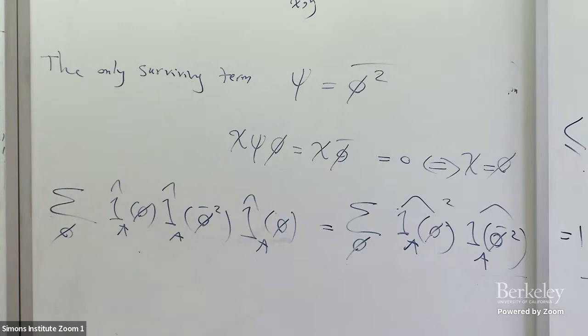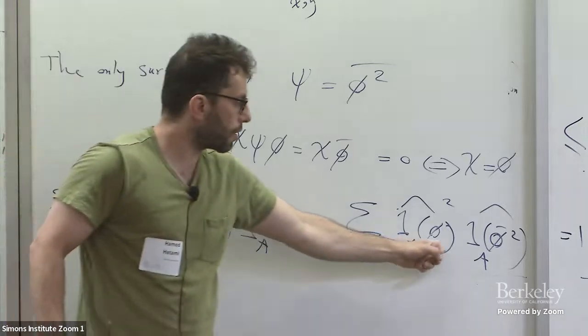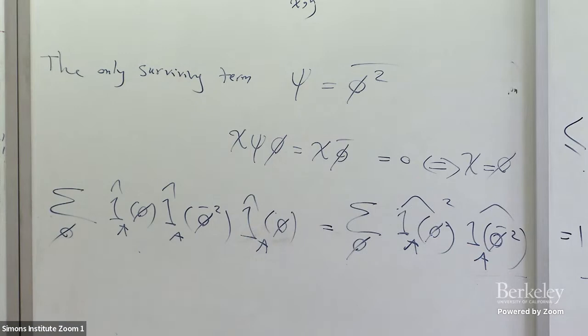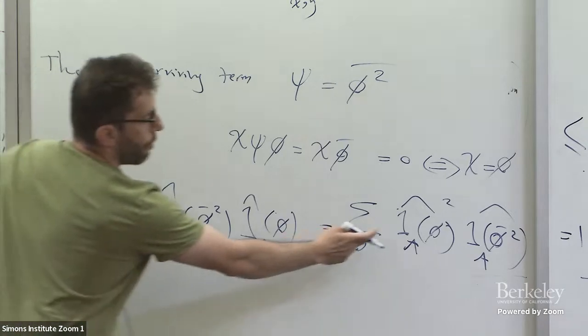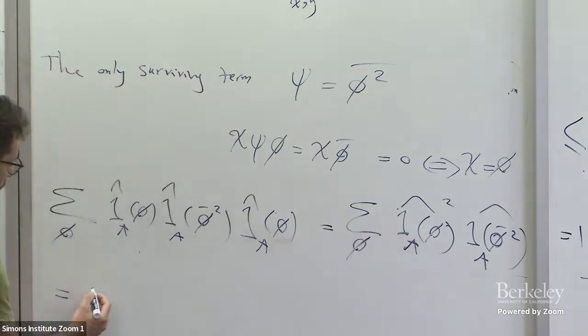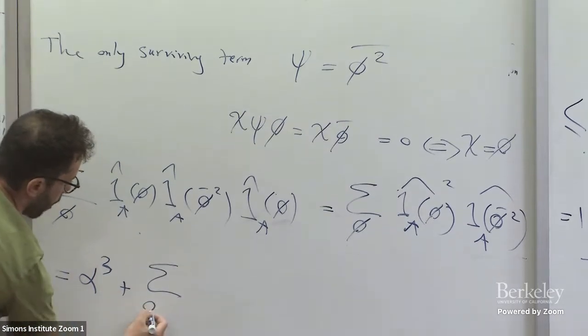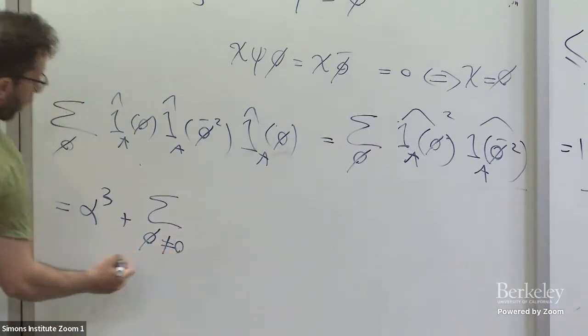Now, what do I know about my function? I know that it's epsilon pseudorandom. So I know that when this thing is non-zero, these are small. And the 0 case is just the density of the set, the expected value of 1A. So I'm going to separate that. This is the first case where phi is 0, so that's just alpha cubed, plus the case where phi is not the 0 character.